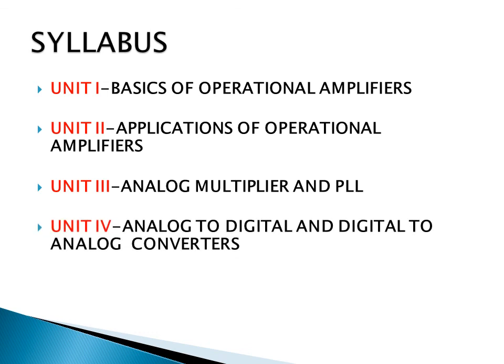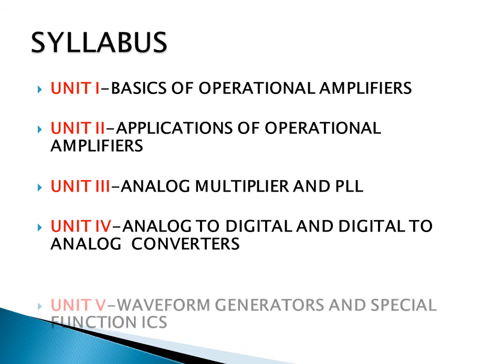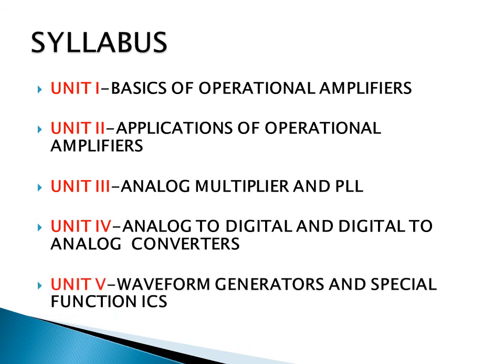In unit 4, how we are going to use the op-amp as an analog to digital converter and digital to analog converter. And in unit 5 we are going to see how the op-amp is used as waveform generators, and special function ICs other than op-amp 741. This is the common syllabus of your EC8453 linear integrated circuits.